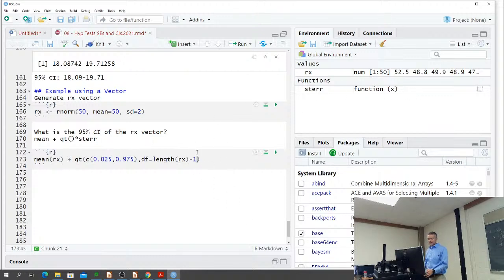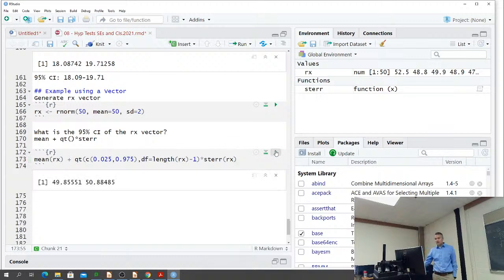I just like passing it there. So that's our Qt function times our standard error. Since we have a numeric vector, let's use our standard error function. So sterr of Rx, which is our vector. And when I run it, it gives us our values. So we have 49.86 to 50.88.